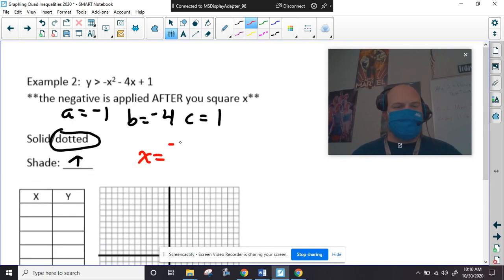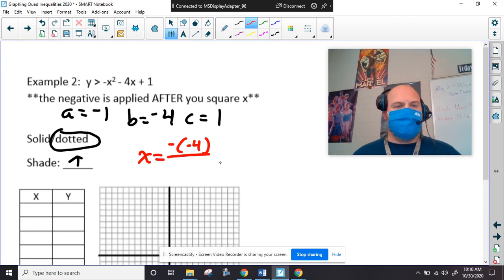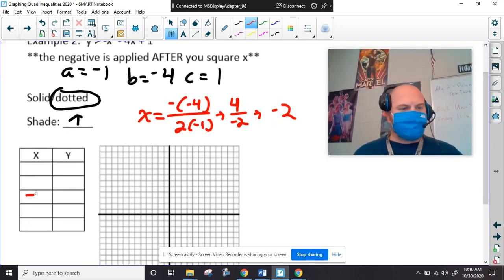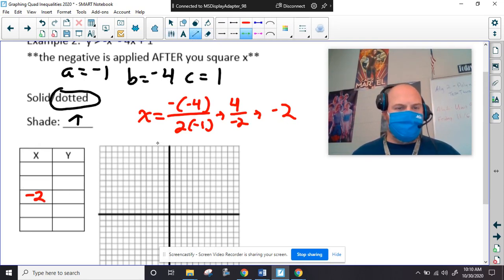So x equals negative times -4 over 2 times -1, which is -2. So -2 goes there. I could go ahead and graph my axis of symmetry if I wanted to.